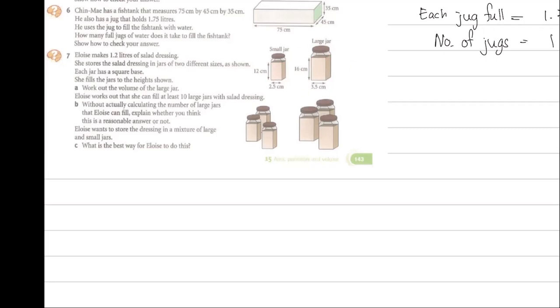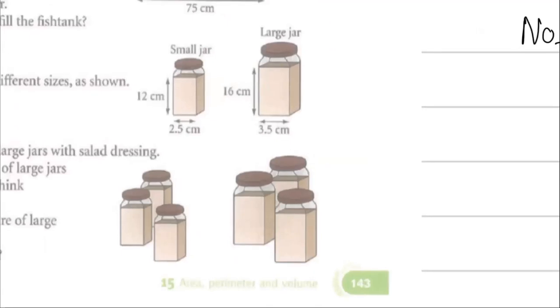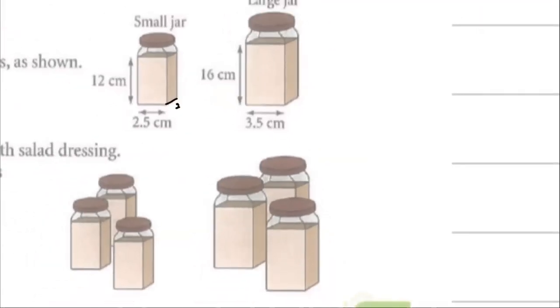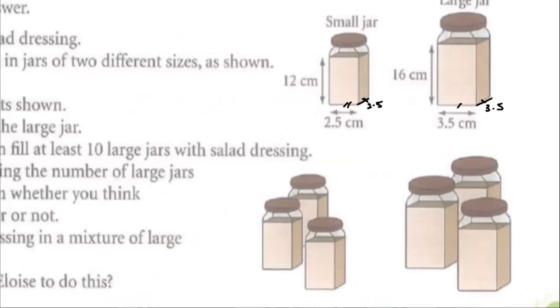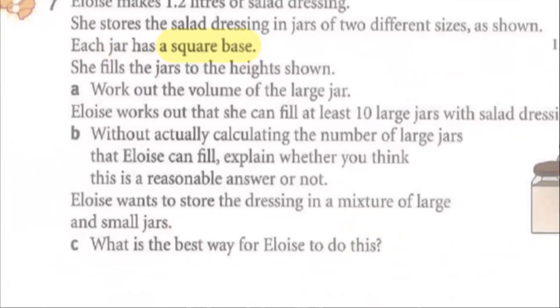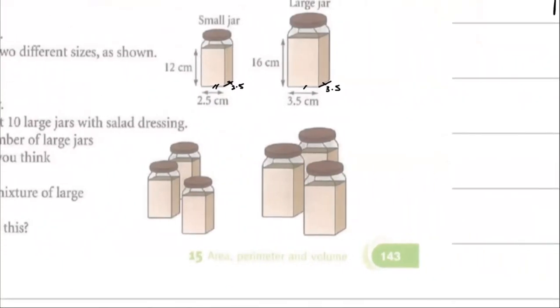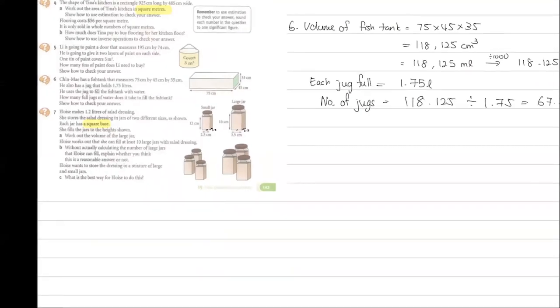It's a square base, so in order for you to find the volume of the jar, basically this is 2.5, this is also 2.5, this is also 3.5 because it's a square base jar. Work out the volume of the large jar.